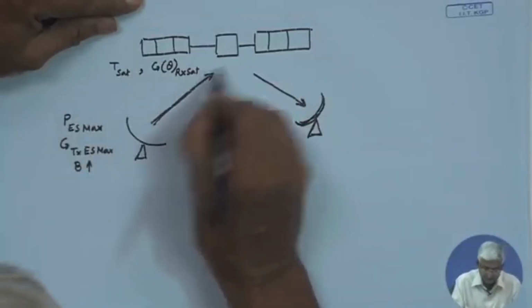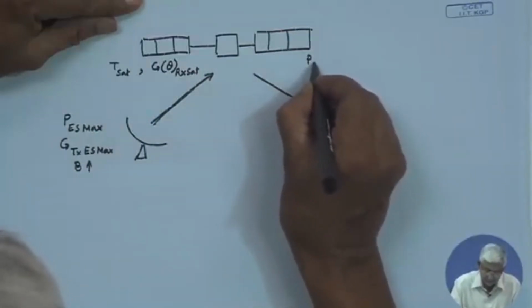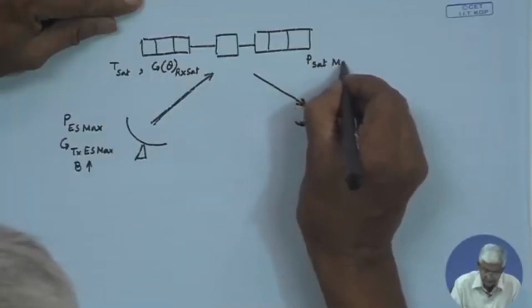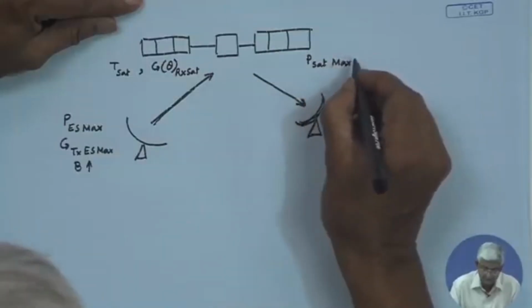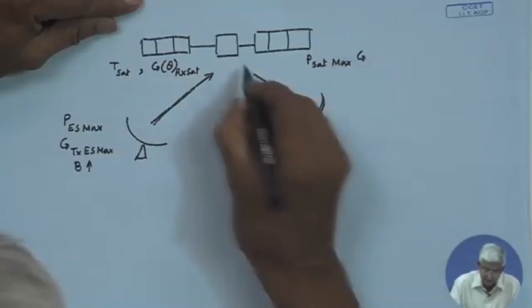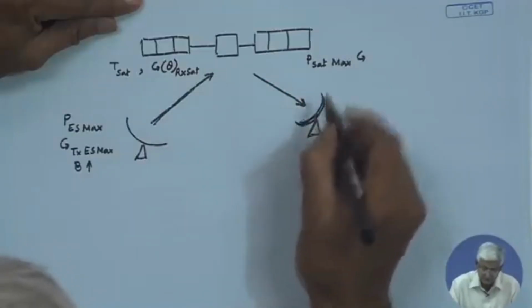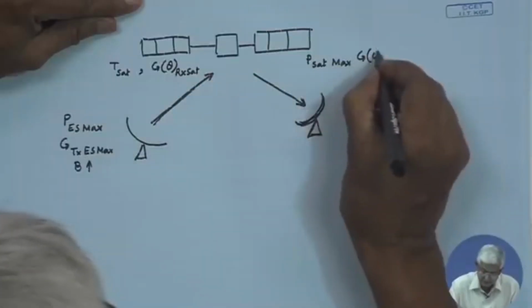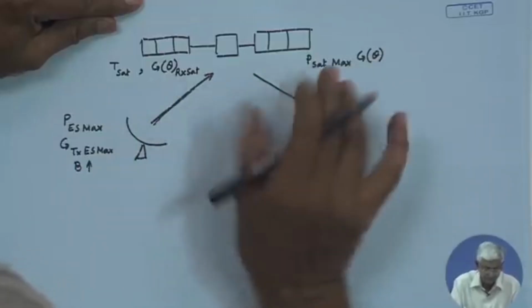You know that from the transmit side of the satellite, it is maximum power that is transmitted, P sat maximum. Feeder losses, everything is included in this, but the gain of this satellite antenna towards the receiving station, from both sides, may be different. So, I put the same angle theta. These two thetas may not be the same, but for easy calculation we put the same angle.